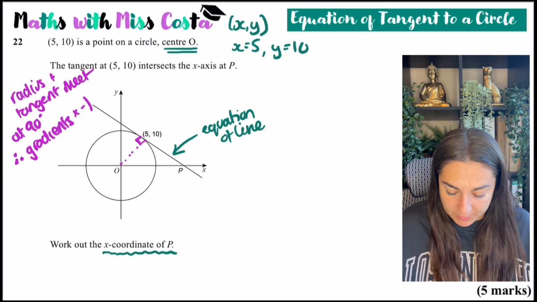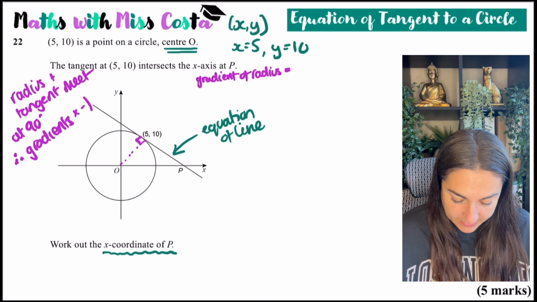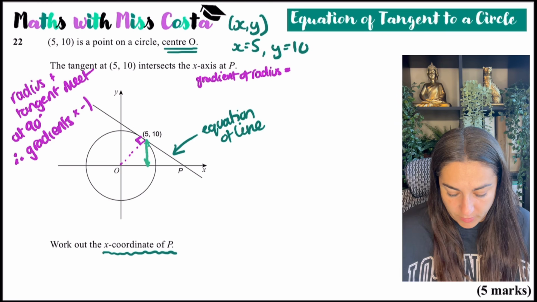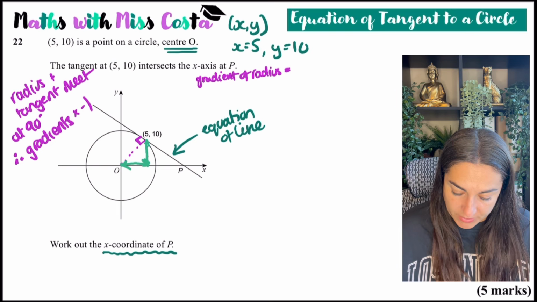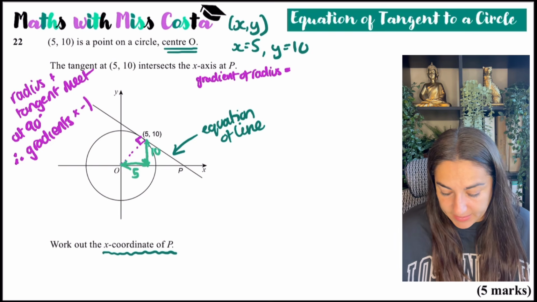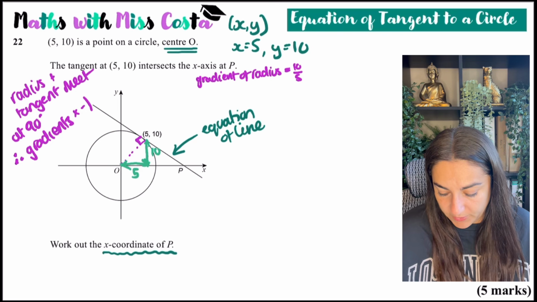So let's have a look at how I could work out the gradient of the radius. So the gradient of the radius is going to be the difference in the y value over the difference in the x value. Gradient is change in y over change in x. So the change in y is 10, the change in x is 5. So the gradient of the radius is 10 over 5, which is 2.